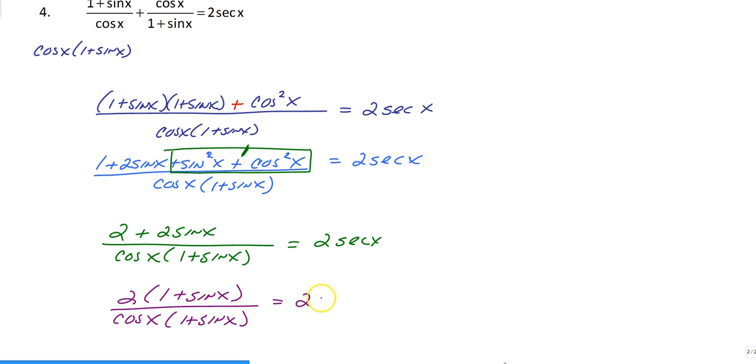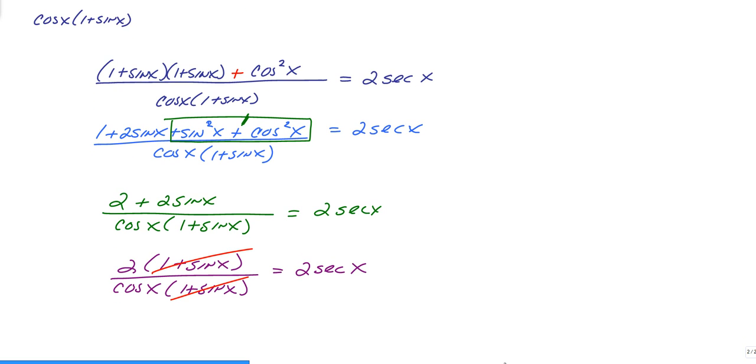And that should remind you about rational functions where if you have two things that are exactly the same in the top and bottom, they can cancel. So you're left with 2 over cosine x is equal to 2 secant x, and cosine x just jumps up to the top. So we have 2 secant x is equal to 2 secant x, and we're done.